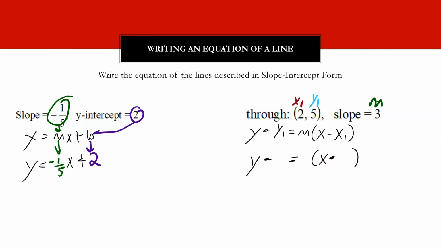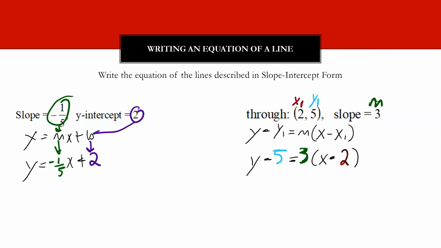All right, 3 goes in for m, and then 2 goes in for x1, and 5 for y1. Now, before we do the next part, I just want to say both of our coordinates here were positive. If they were negative, it would be a double negative, so we would have to turn to addition. Like if the 5 was negative, we wouldn't leave it as y minus negative 5. We would say y plus 5.